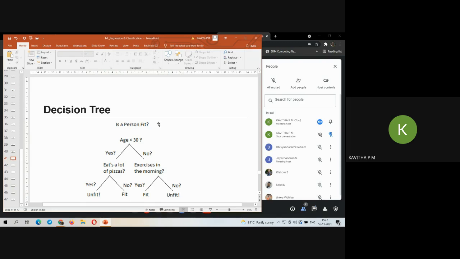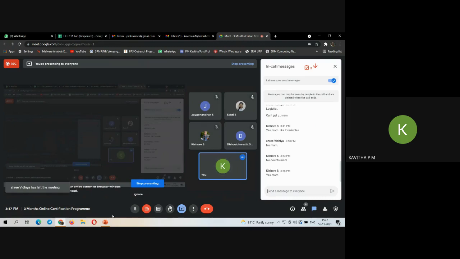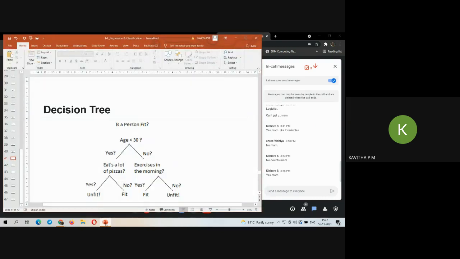Okay, now could you understand how this decision tree performs? Guys, respond to me. Students? Yes. Okay. I just received the response only from Kishore. What happened to others? Yes, ma'am. Understood?